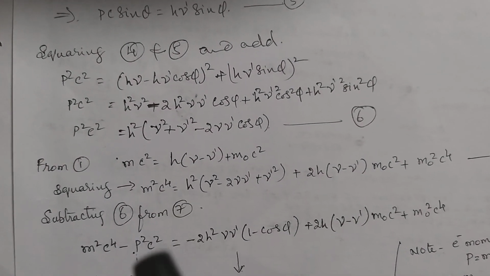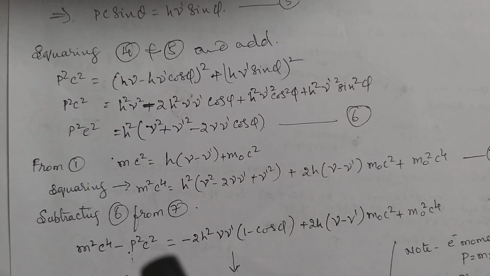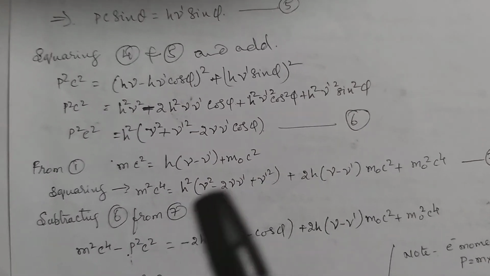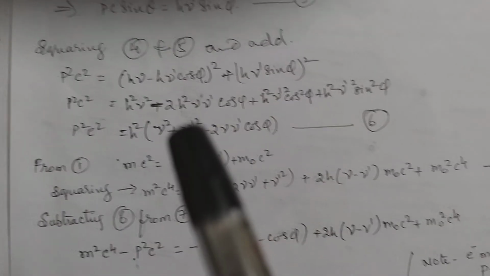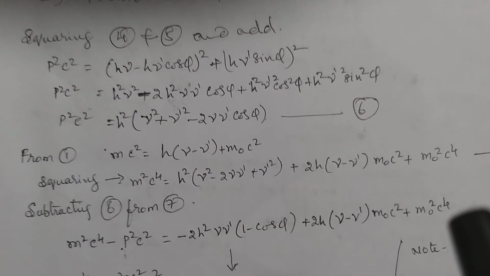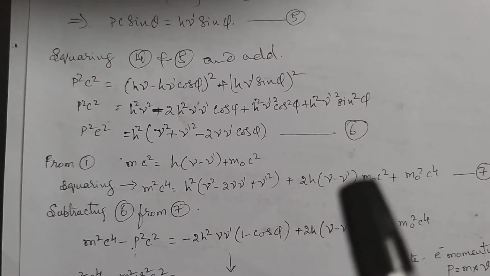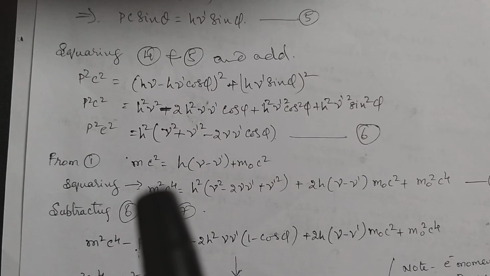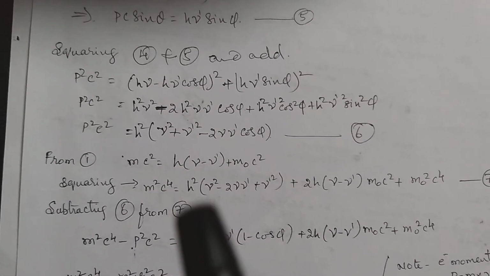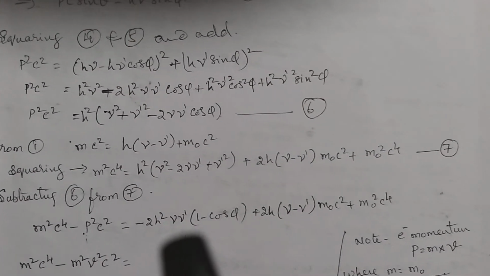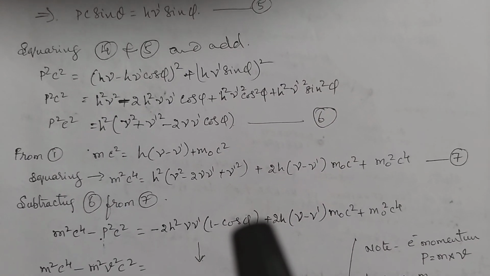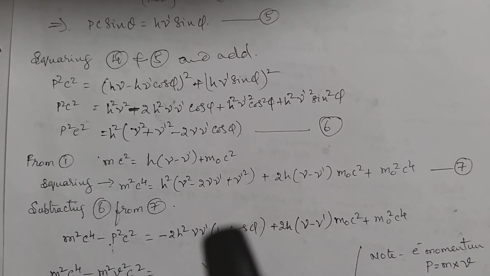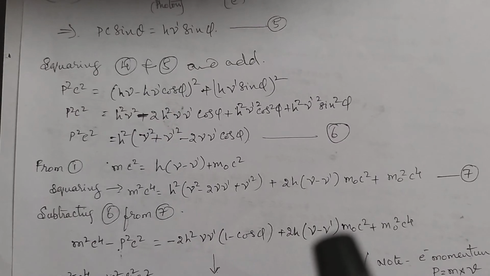m square c to the power 4 minus p square c square. See, you are subtracting 6 from 7. This is equation 6. Okay, and this is equation 7. So you are subtracting. So m square c to the power 4 minus p square c square is equal to, this you will get minus here plus 2h.